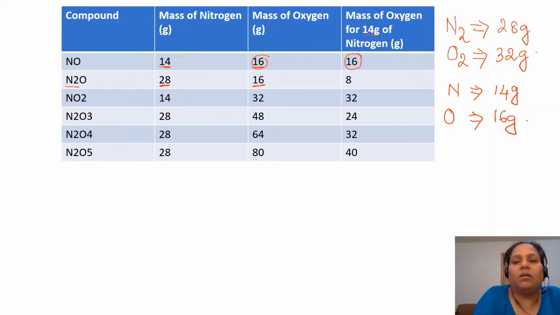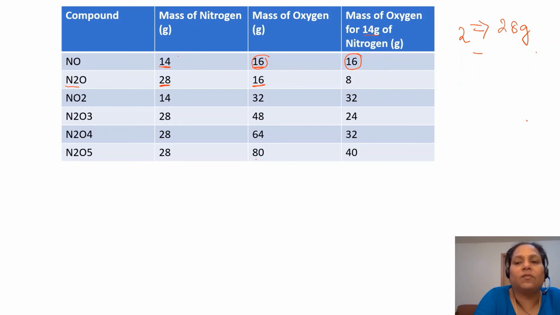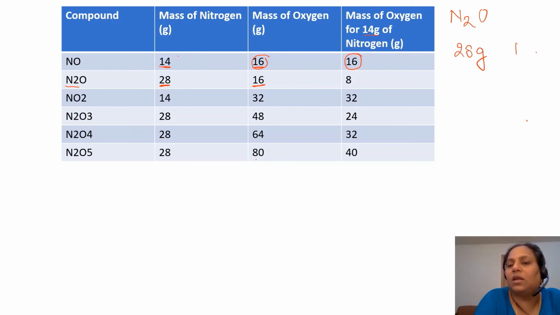So I'm taking here the mass of nitrogen to be fixed. So I have to find the mass of oxygen that is present in 14 grams of nitrogen in each of these compounds. In N2O, I have 28 grams of nitrogen for 16 grams of oxygen. I need how many grams of nitrogen? 14 grams of nitrogen.